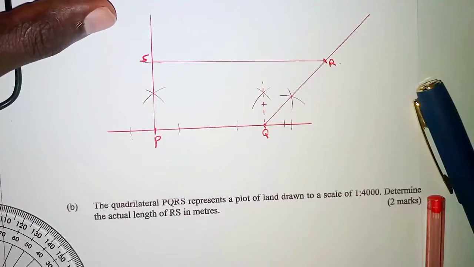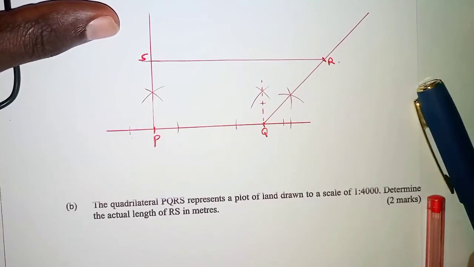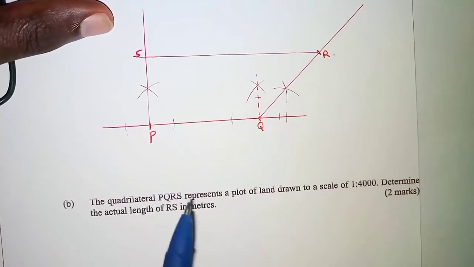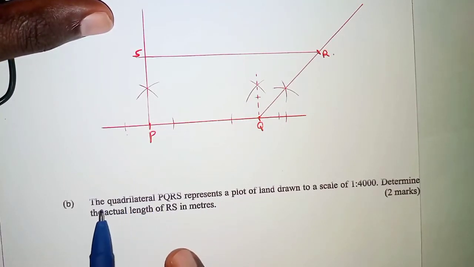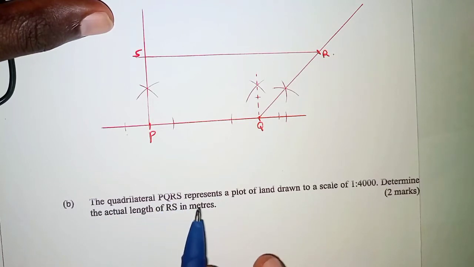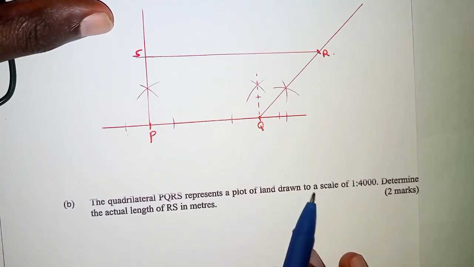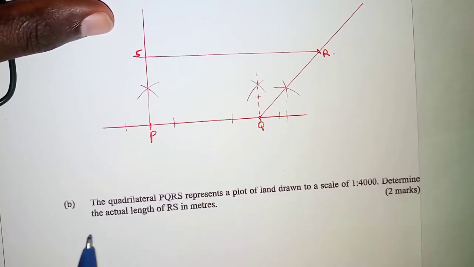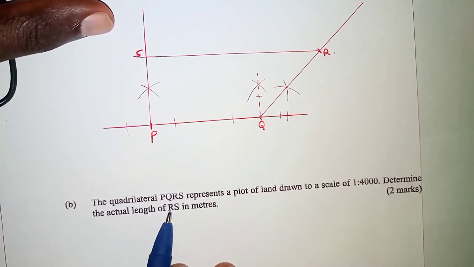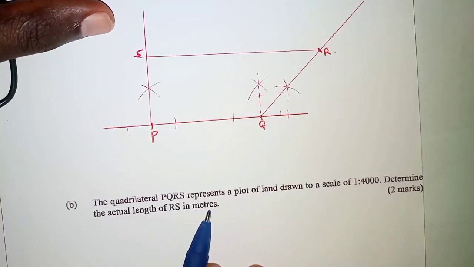And then for part B, you are asked, the quadrilateral PQRS represents a plot of land drawn to scale of 1 to 4,000. Determine the actual length of RS in meters.